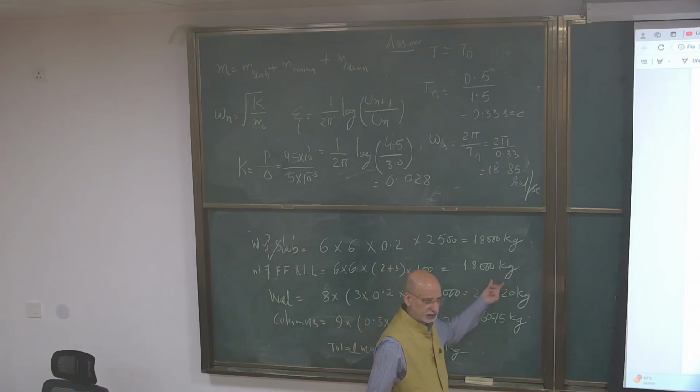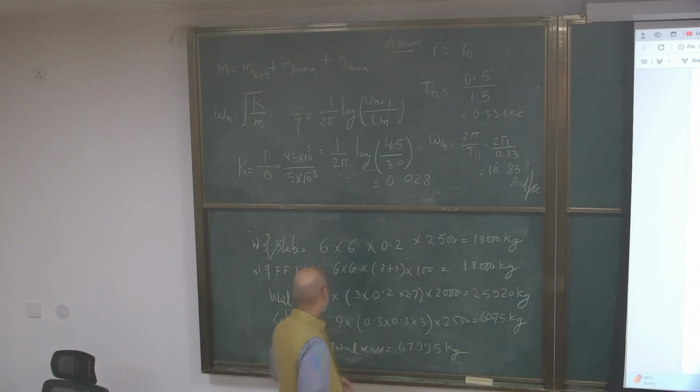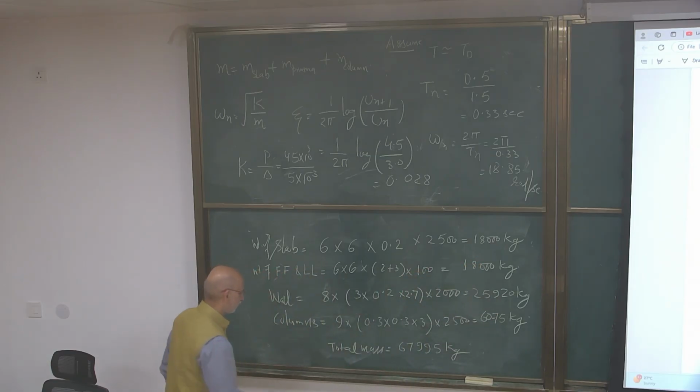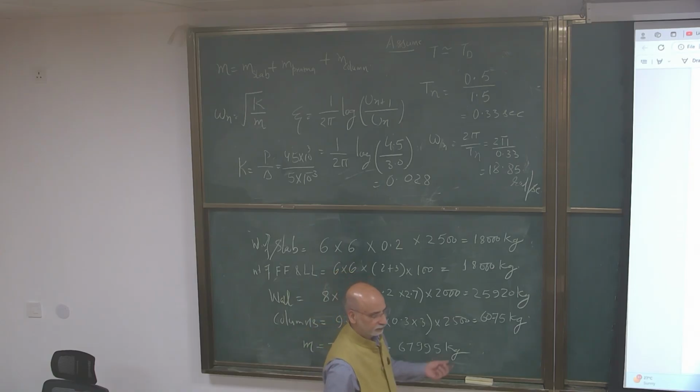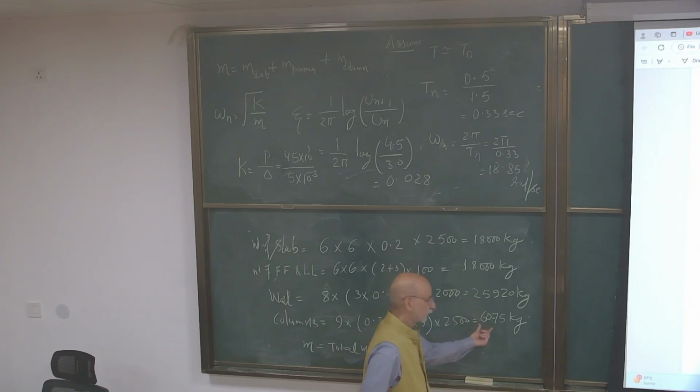Each level full mass is lumped. But if you come to the top level, then how much mass is there? So this mass you have to reduce.